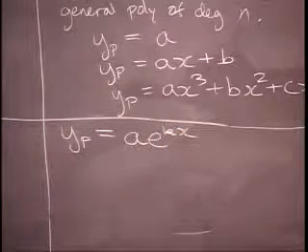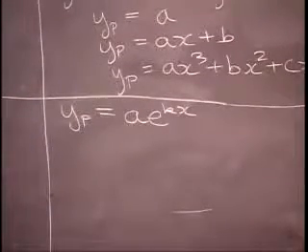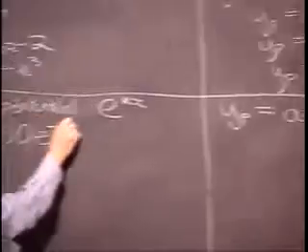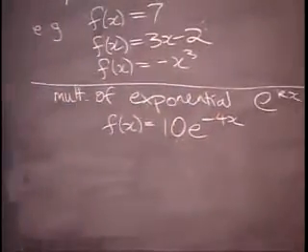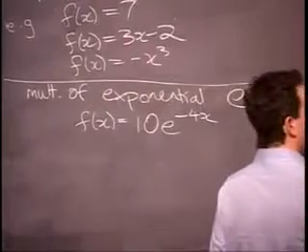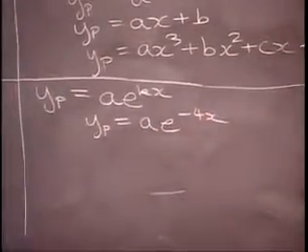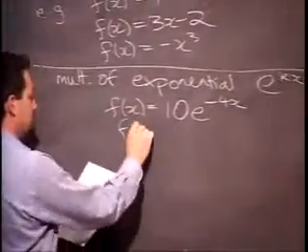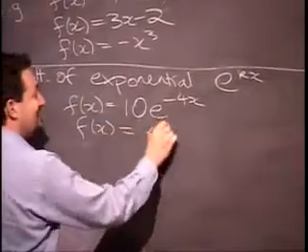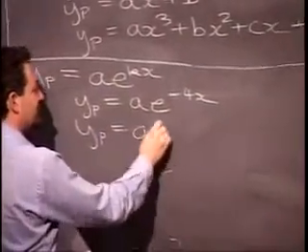So, for example, if the right-hand side is 10e to the minus 4x, so that appears on the right-hand side of your original differential equation, well, then you immediately set yp is a e to the minus 4x. Forget the 10. That's not necessarily right. Or if f of x equals just e to the x, then the particular solution would be just a constant times e to the x.